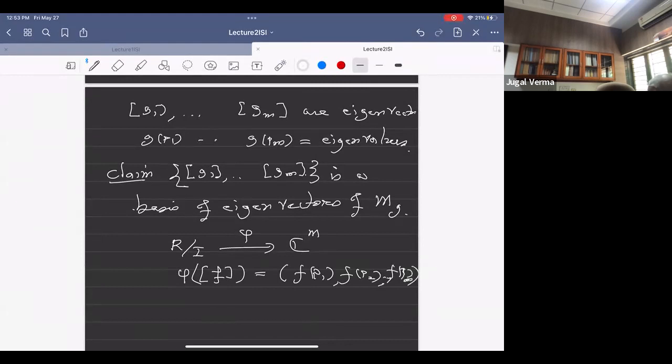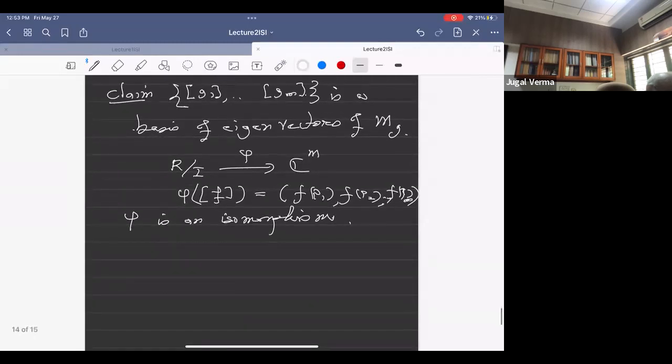And we saw that phi is an isomorphism. Under an isomorphism, inverse images of linearly independent vectors are linearly independent. And I know that phi of the residue class of the ith Lagrange interpolation polynomial is the ith basis vector. So therefore, these are linearly independent.